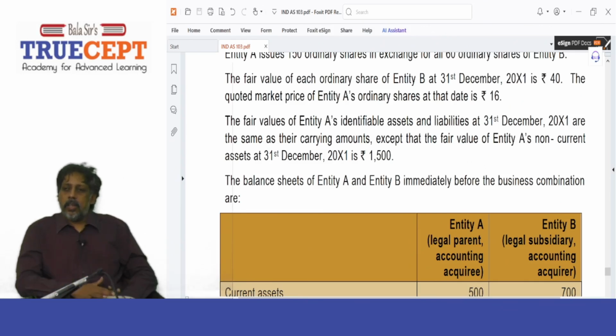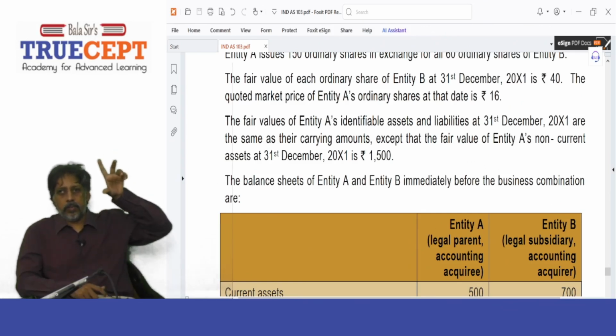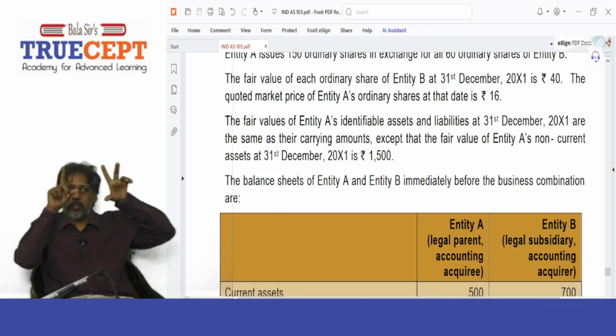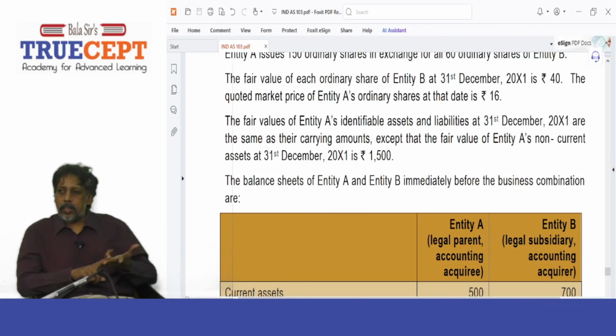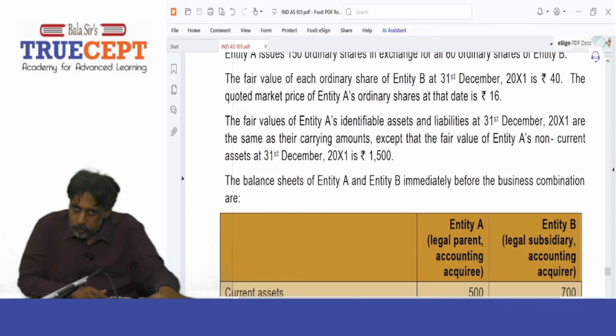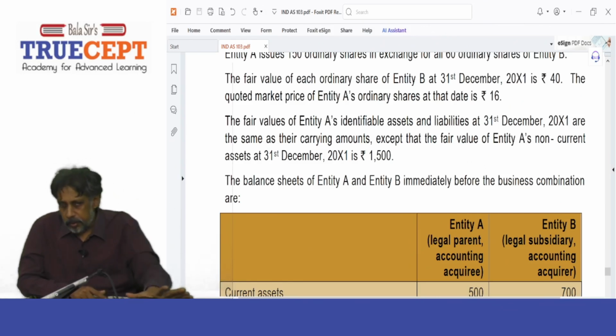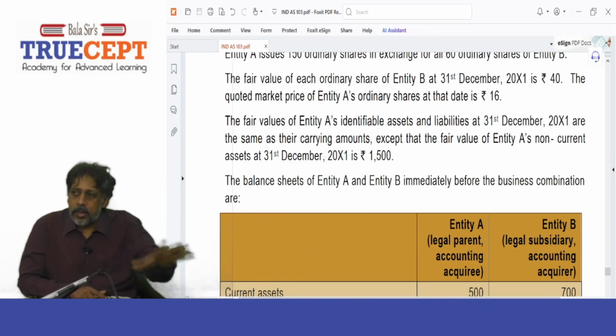Exactly. There is another way to find 2.5, a roundabout manner. How many shares are you holding? 60 shares. And your shares are worth 40 rupees each. What is 60 into 40? 2,400. I am supposed to pay at least 2,400 rupees either in cash or in shares. But I decide to give shares in my company.